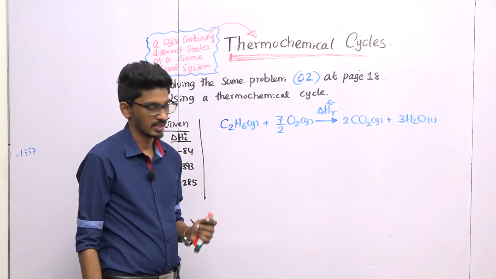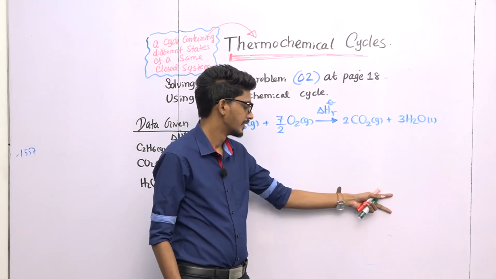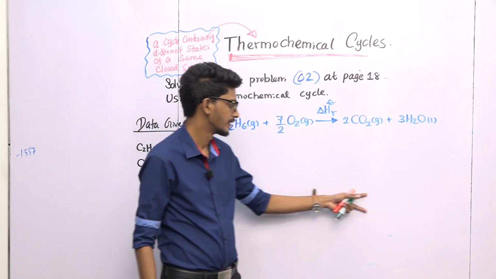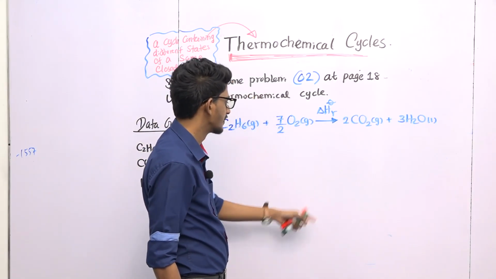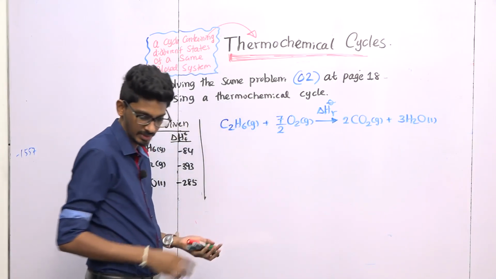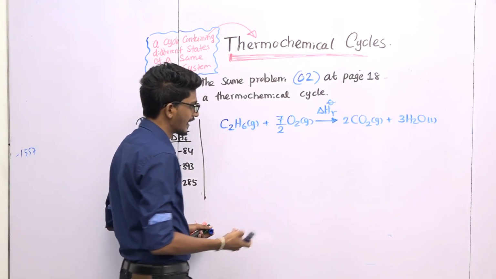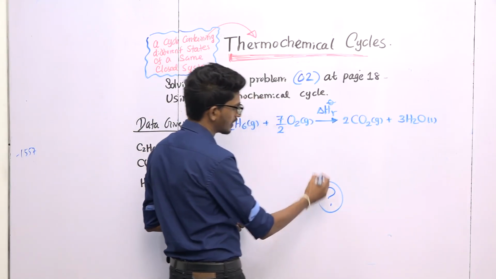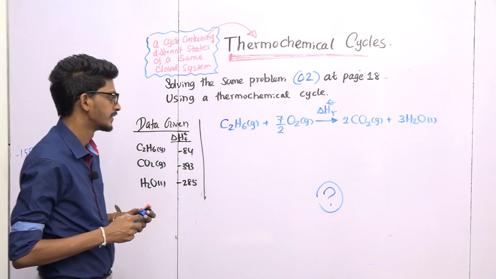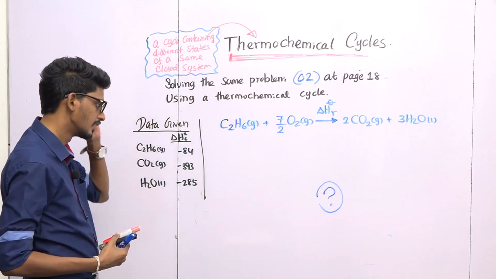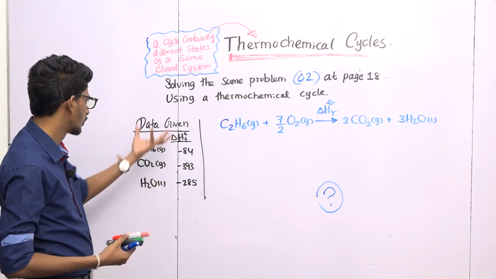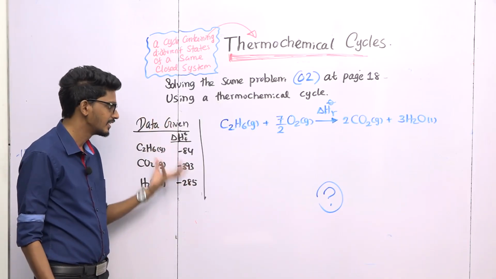The first thing to do is coming up with the acceptable imaginary state. To come up with the acceptable imaginary state, first look at the data given and see the missing pieces.